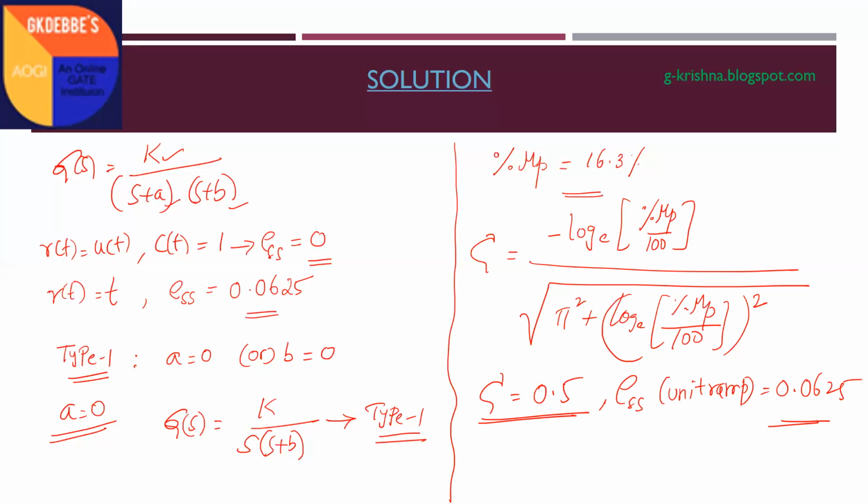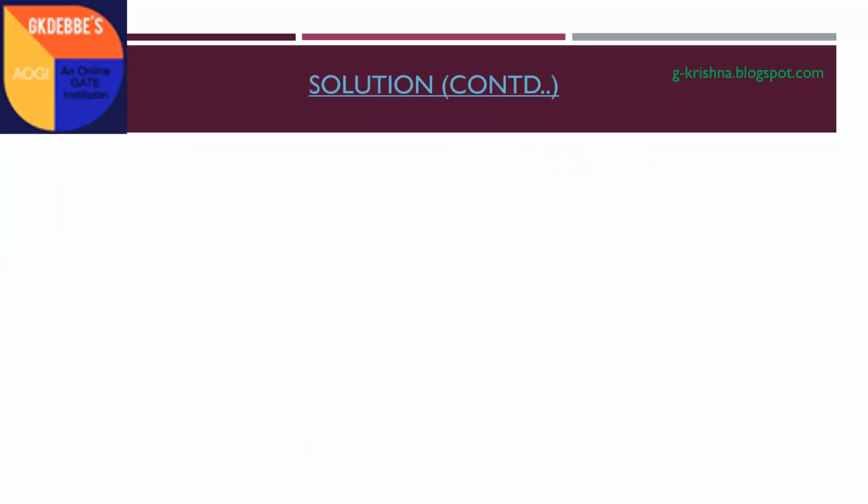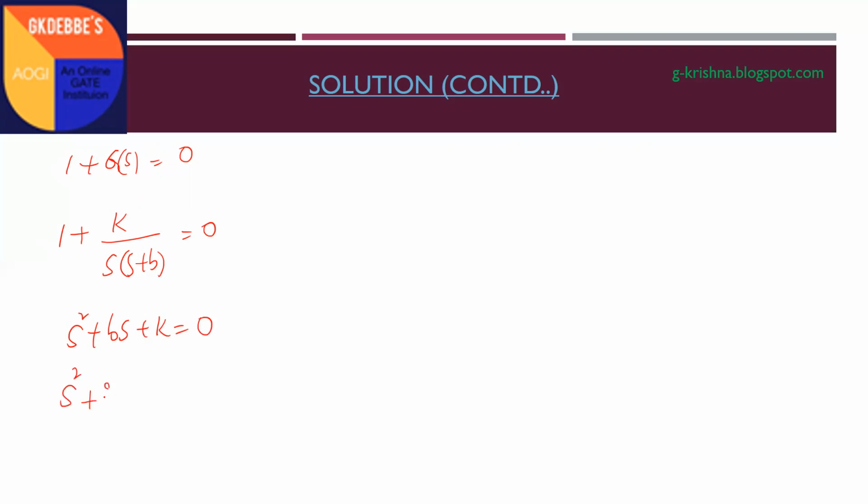The characteristic equation of the system is 1 + G(s) = 0, that is 1 + K / (s(s + b)) = 0, or s squared + bs + K = 0. Compare this characteristic equation with the standard second order system characteristic equation, s squared + 2 zeta omega n s + omega n squared = 0.